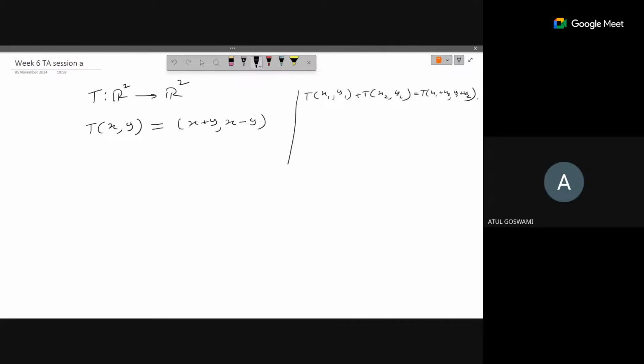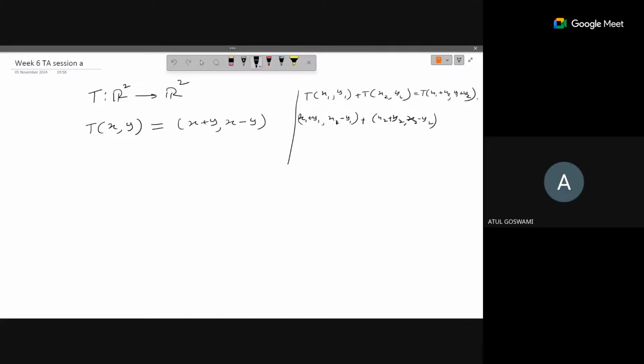So let's check. This is x1, y1, so T gives x1 plus y1 comma x1 minus y1. And this will be x2 plus y2 and x2 minus y2.